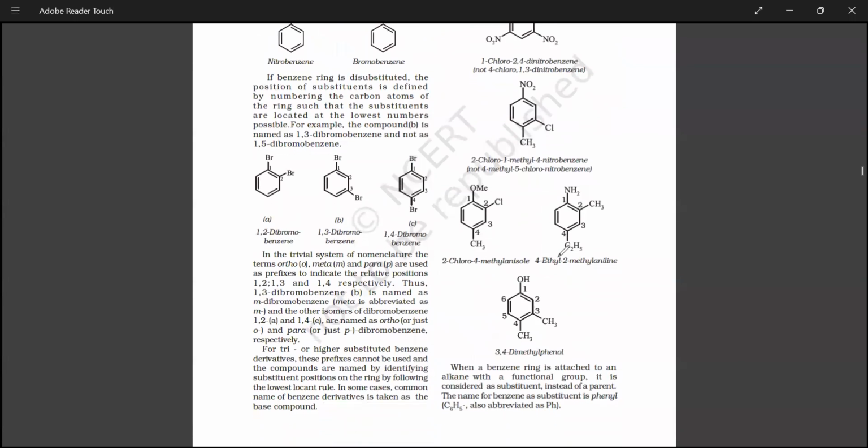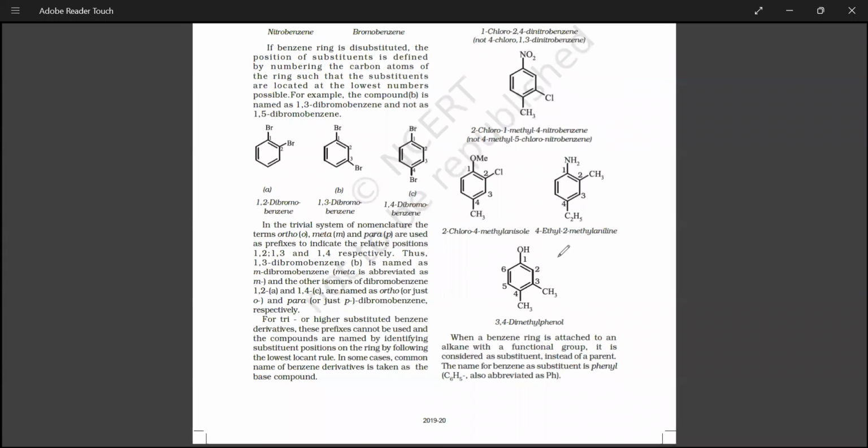Now see the next one. See here, 1, 2, 3, 4. On second, chloro is there, and on fourth, methyl is there. So 2-chloro, 4-methyl. And benzene ring plus OCH3 is anisole. So 2-chloro-4-methylanisole.